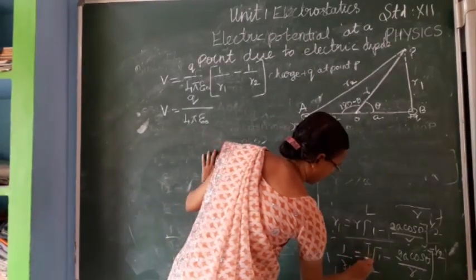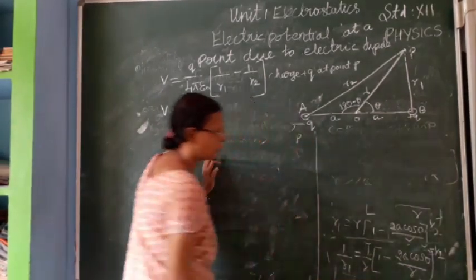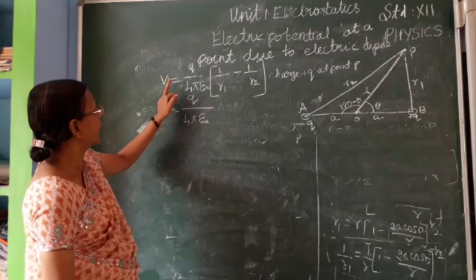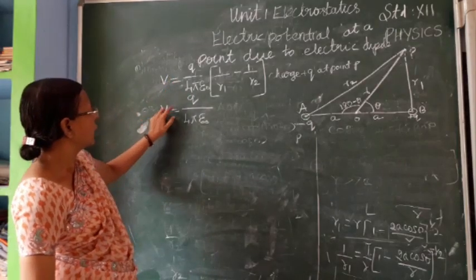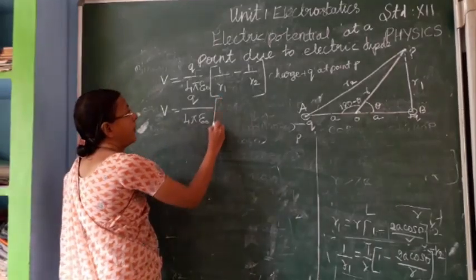Sorry, here 1 by r1 will come, not 1 by r. So V is equal to q divided by 4 pi epsilon 0.